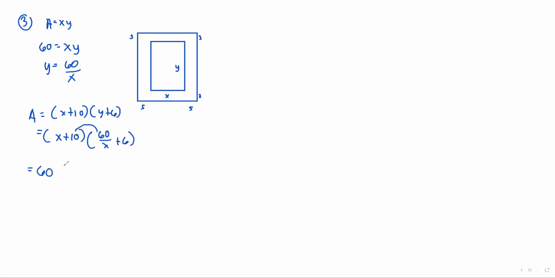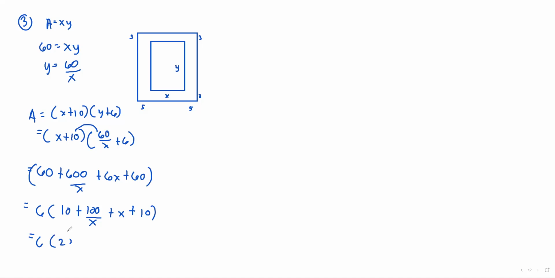So 60 plus 600 over X plus 6X plus 60. Okay? So next, 6X, 10 plus 100 over X plus X plus 10? So magiging 620 plus 100 over X plus X. Okay? So ngayon, yan yung working equation natin, guys.